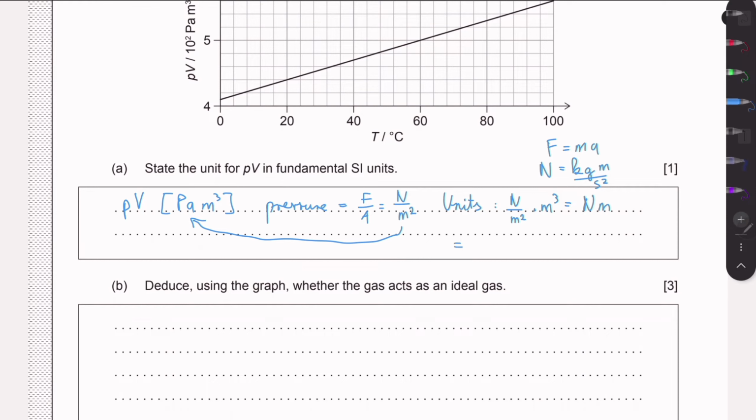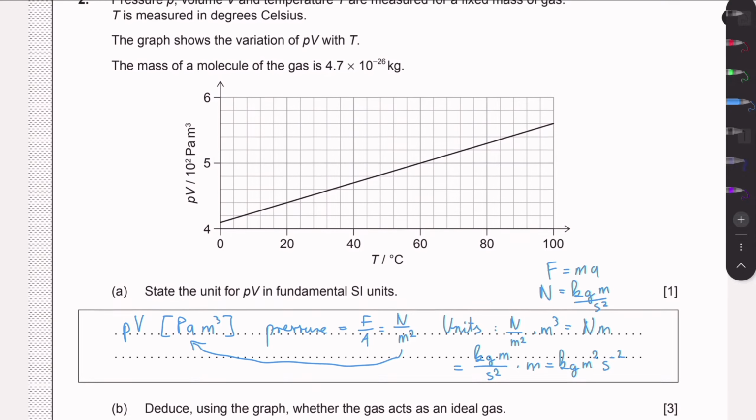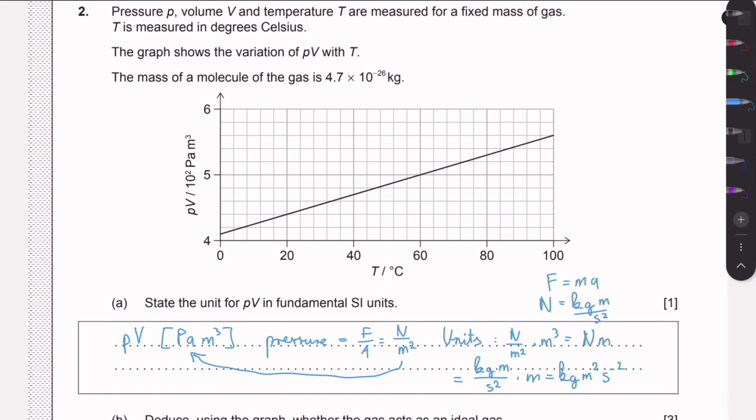So this is equal to kilogram times meter per second squared times meter. So the SI units will be kilogram, meter squared, and seconds to the minus 2. This is how we can express it in SI units. We always want to look at some equations that will introduce SI units instead of the unit we currently have.